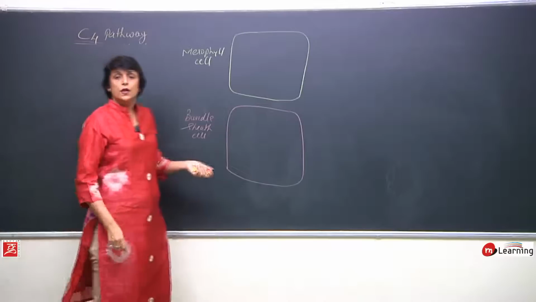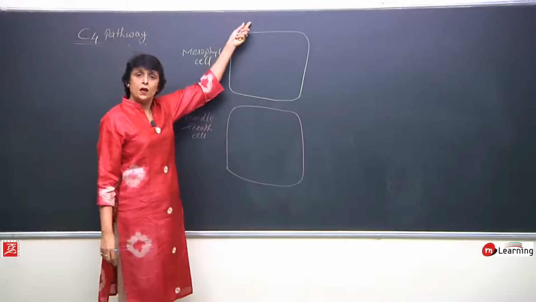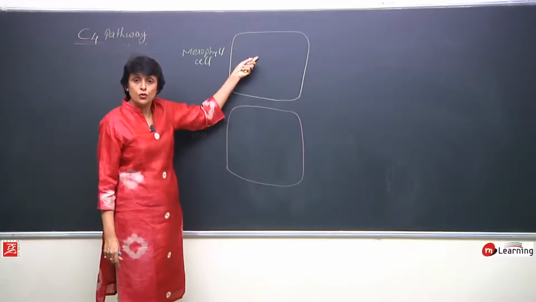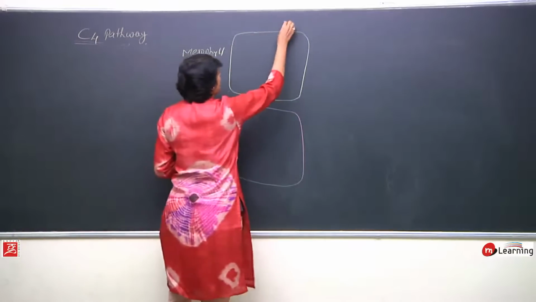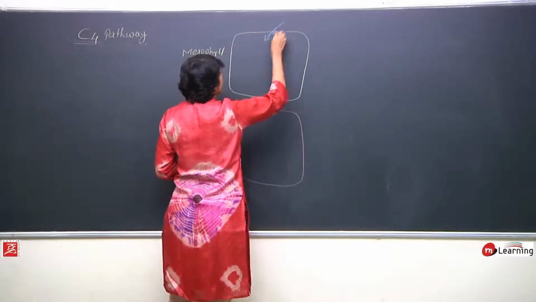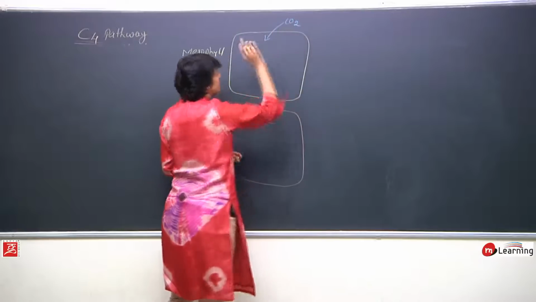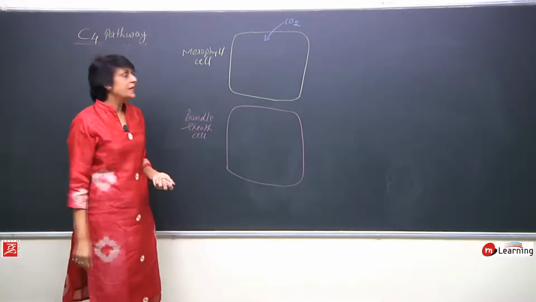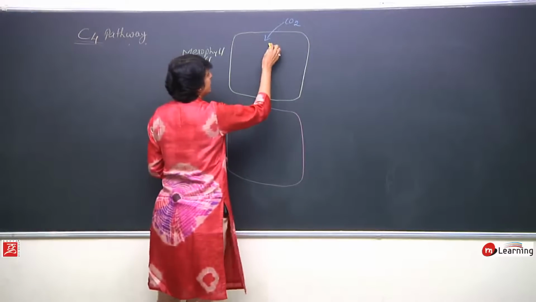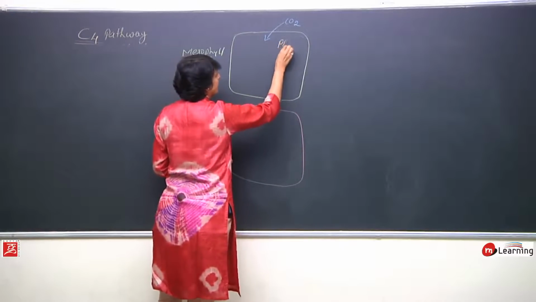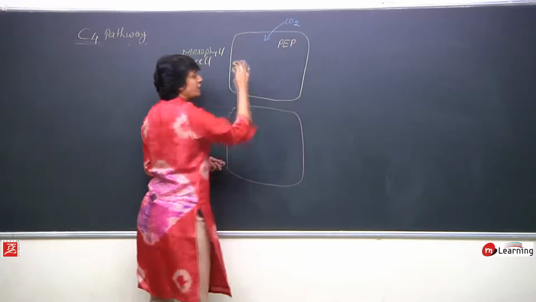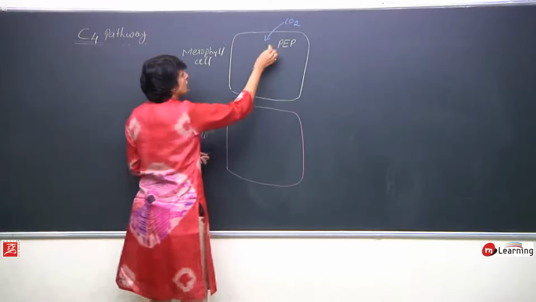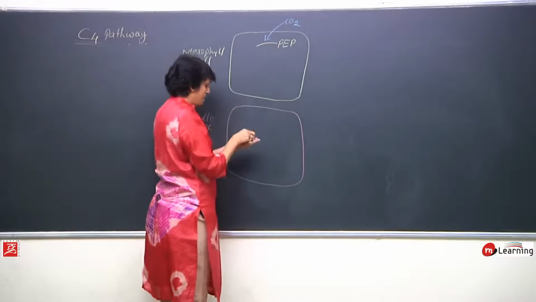Now what happens? Through the epidermis, gaseous exchange through stomata will take place. So now carbon dioxide comes in through stomata. This carbon dioxide is accepted by a 3-carbon compound called phosphoenol pyruvate.